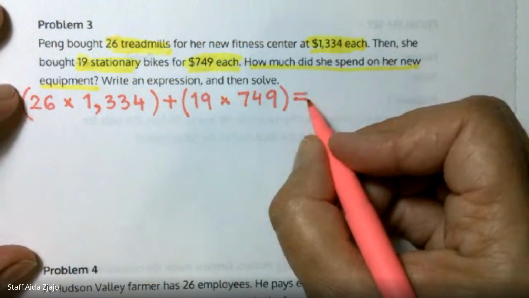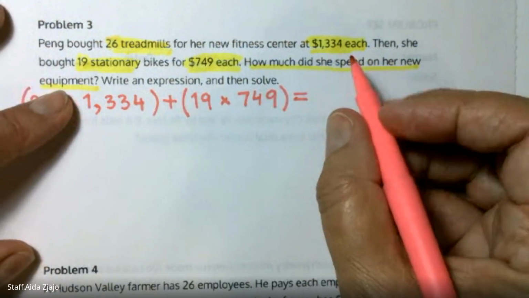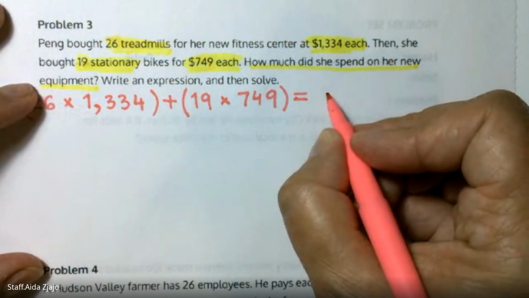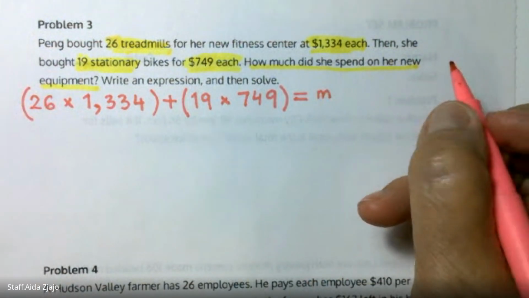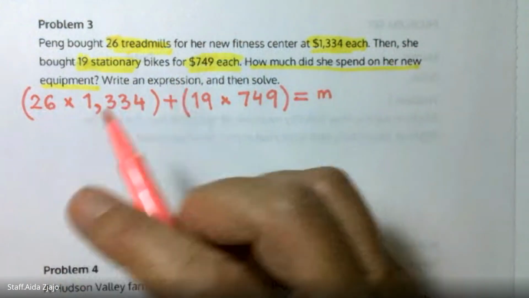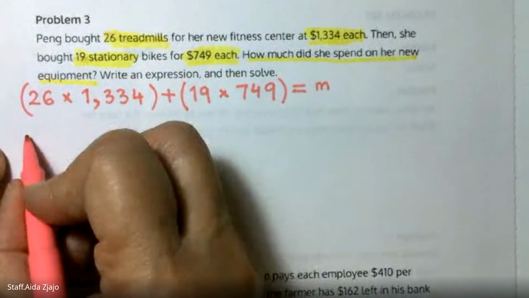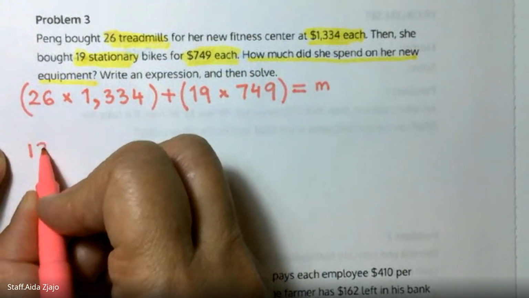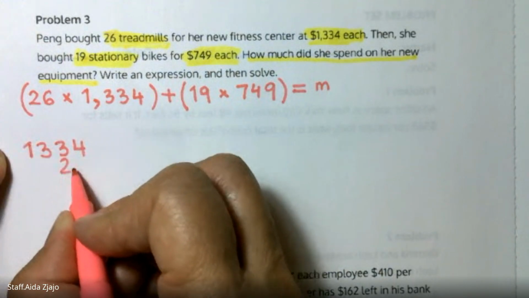But now, how much money did she spend on equipment? This equals M for the money for equipment. So we need to multiply 1,334 times 26.